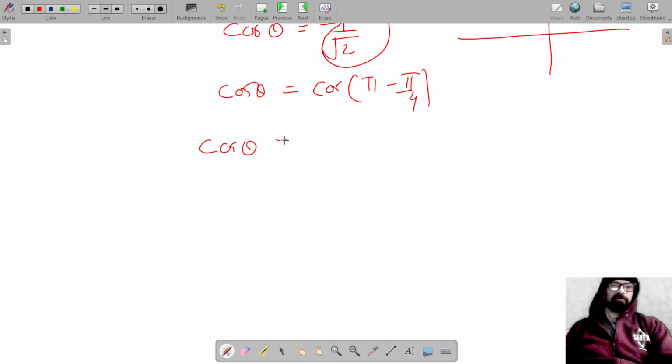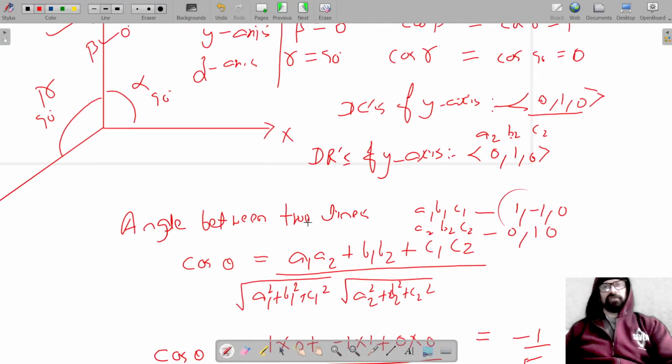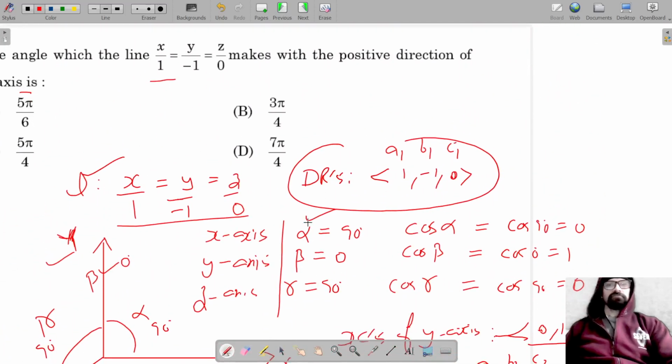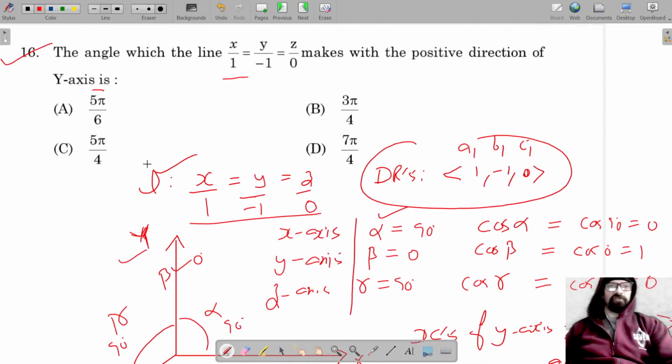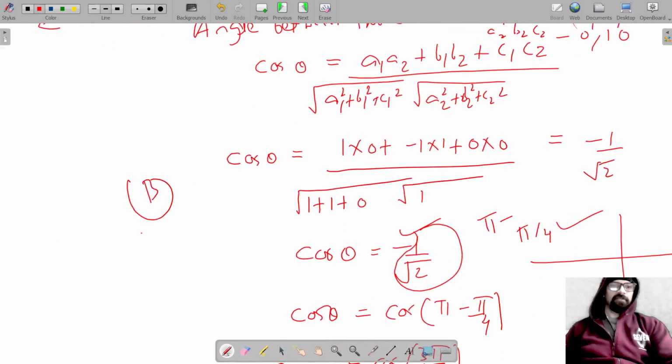So cos theta is equal to cos of 3 pi by 4. That means theta is equal to 3 pi by 4. So theta is equal to 3 pi by 4 is the angle which this line makes with the positive direction of y-axis, and our answer is B. So B is the correct answer for this one, 3 pi by 4.